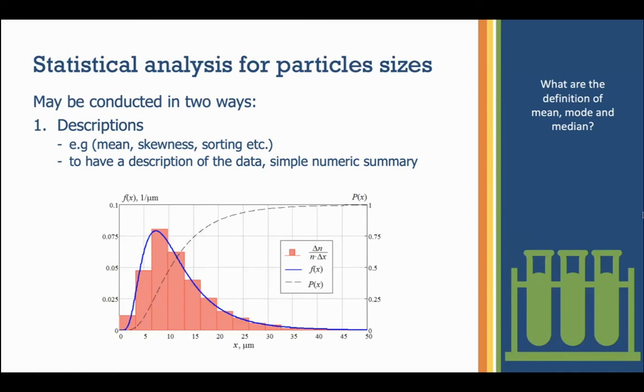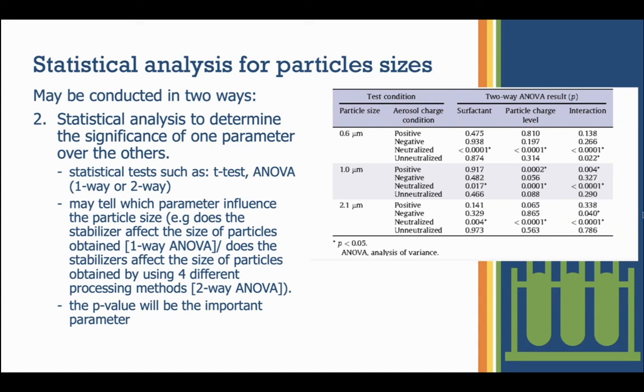We have a simple numeric summary, and from there we will know that most particles in this batch of powder are from, let's say, 10 micrometer. If we refer to this figure, the highest number of particles is in the size of about between 5 to 10 micrometer. So this is the description that we can have from such data.